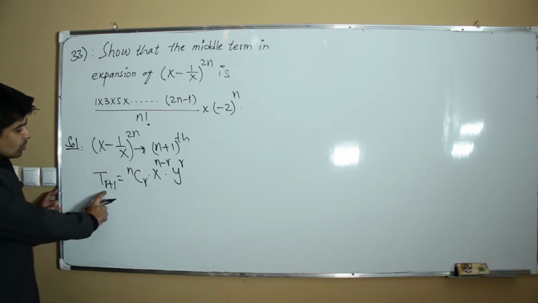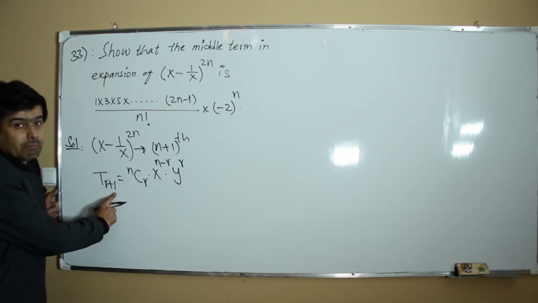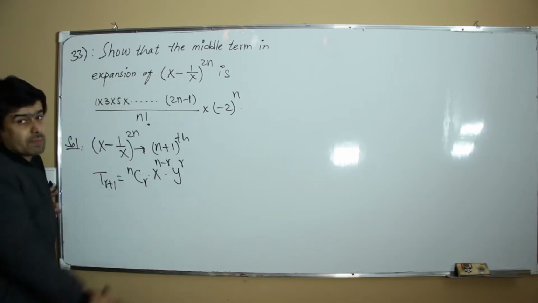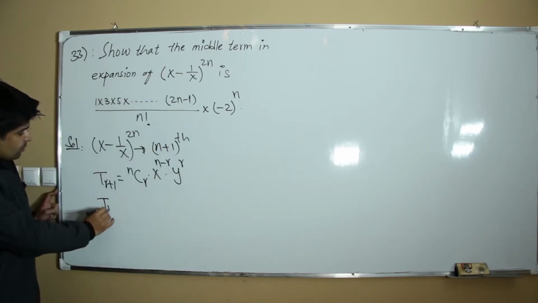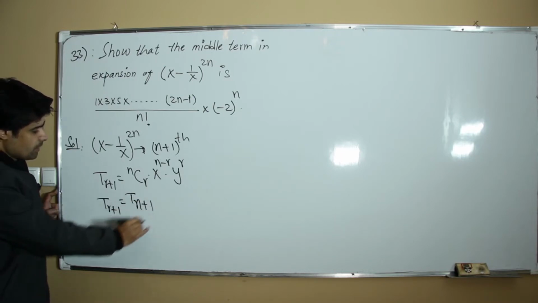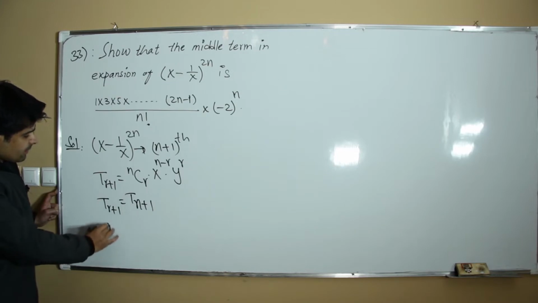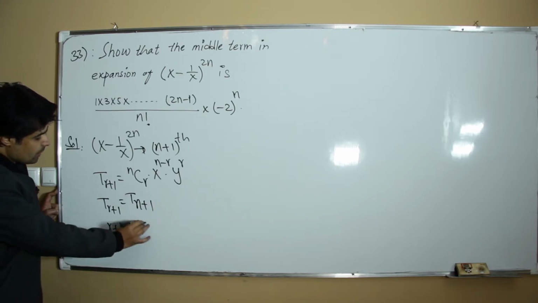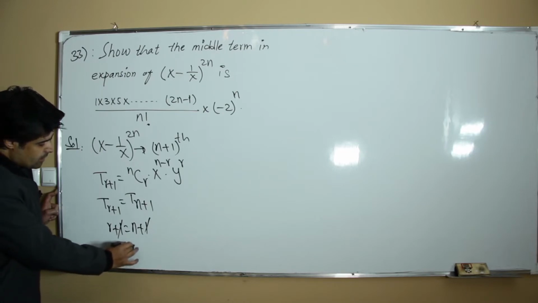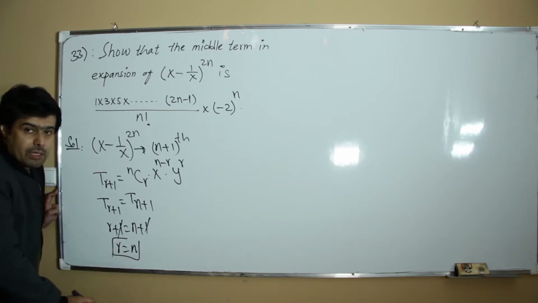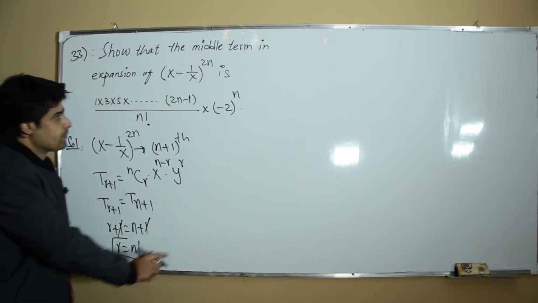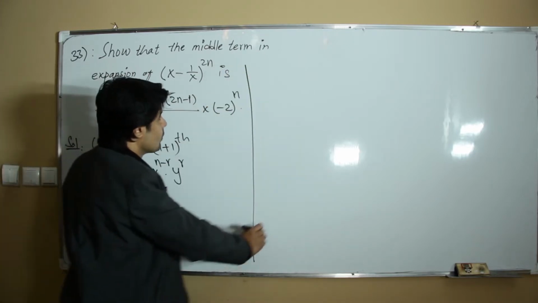Now, you don't want the r plus 1 term, but you want the n plus 1 term, which is the middle term for this expansion. So I have to equate T r plus 1 equal to T n plus 1. Definitely r plus 1 is equal to n plus 1, and 1 with 1 is cancelled, then r is n. I mean, in this one, you have to put n instead of r. So, what do you find?